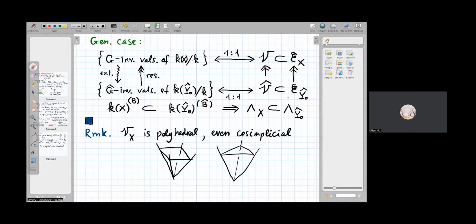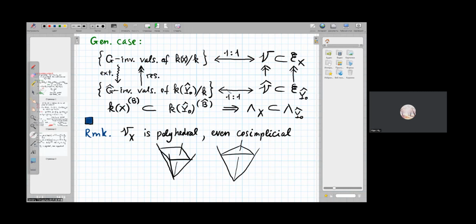Well, because we already know that a G-invariant valuation is uniquely recovered from the respective vector in this vector space E sub x. The only thing we have to prove is that each vector in V corresponds to some G-invariant valuation. So the only thing we are left to prove here is that this map from the left to the right is surjective.